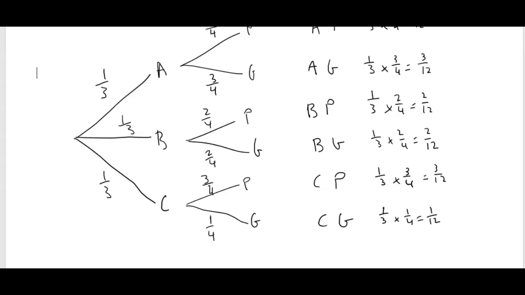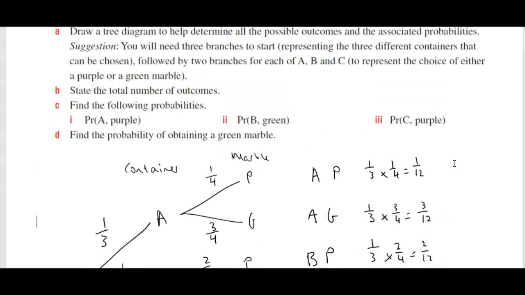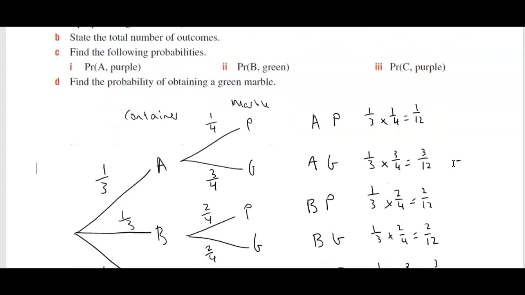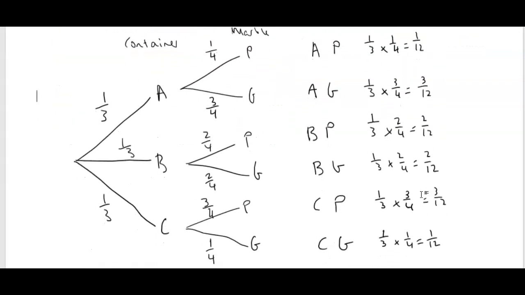Okay, so we add up all of them, so we should get 12 over 12. Remember, all our outcomes should add up to 1 or 12 over 12. So we've got 1, 4, 6, 8, 11, 12. Yay. Total number of outcomes: 1, 2, 3, 4, 5, 6.